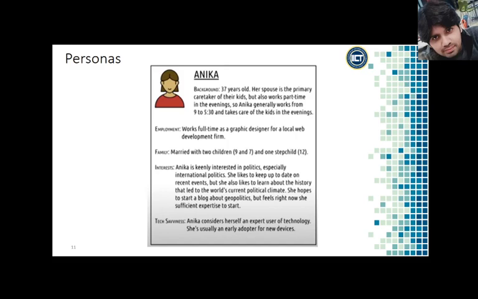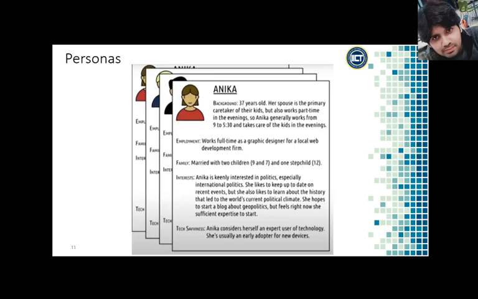We want to create at least 3 or 4 of these different personas, and perhaps more depending on how many different stakeholders we have for our problem. The important thing is that these should be pretty different people, representing different elements of our design, different elements of our task, so we can explore its entire range.